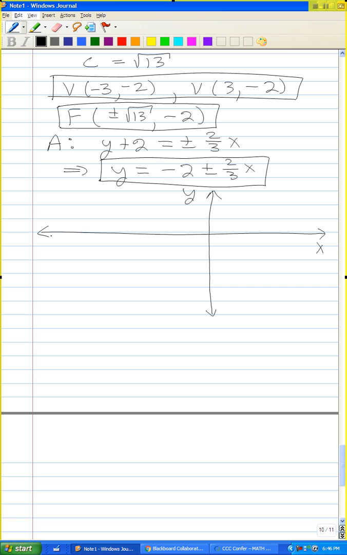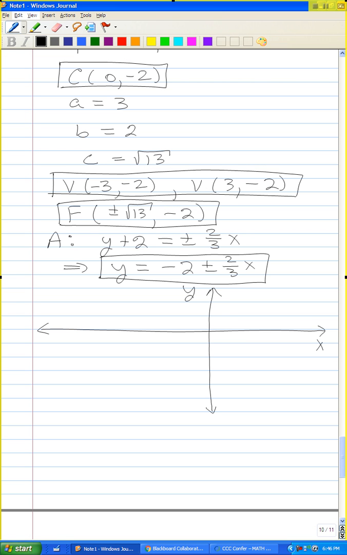Okay. And so the center is at 0, negative 2. And we are at 1, 2, 3, 1, 2, 3. Okay, you go 1, 2. Okay, so let's do this. And let me draw my asymptotes.